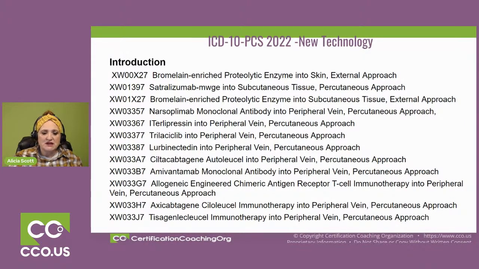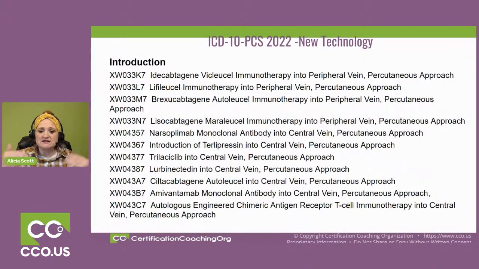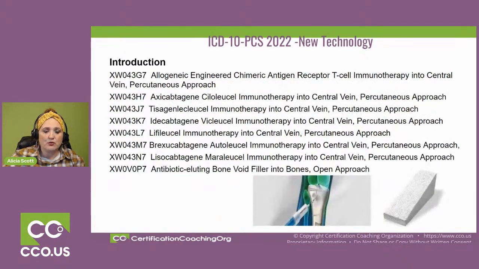You'll notice the last two are immunotherapy also. Now, this is more than one slide of all of these different medications that have been added. And for the most part, if you see a drug repeated, the only reason is because the approach is different, or where they're putting it.